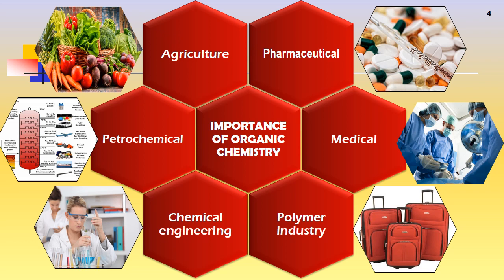On this slide, you are able to see all the organic chemistry related industries and fields: agricultural industries, the petrochemical industries, chemical engineering, polymer industries, the medical field, and many more.